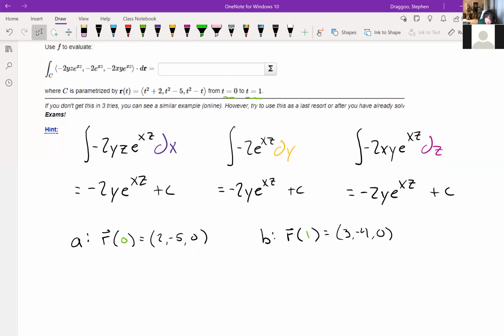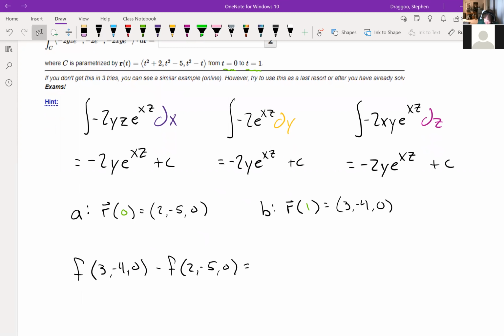Which means that my integral should just shake out to f of 3, negative 4, 0 minus f of 2, negative 5, 0. Right? This is f of b minus f of a is how we want to be thinking about this. And what's it work out to?